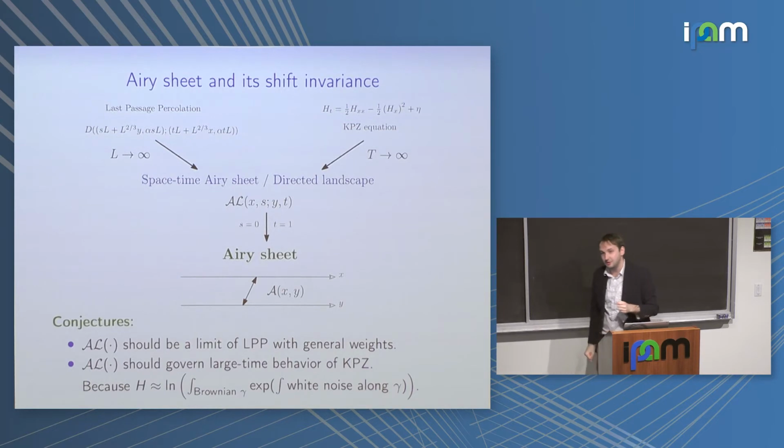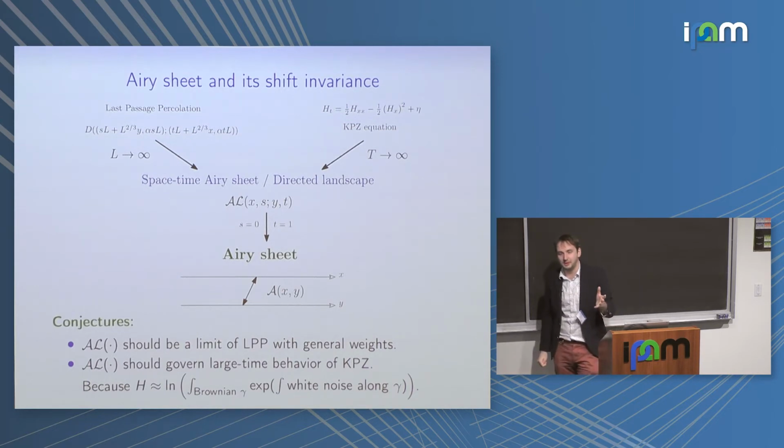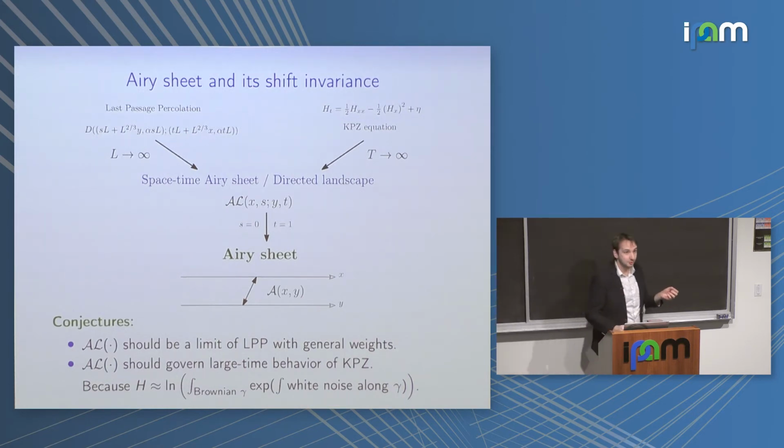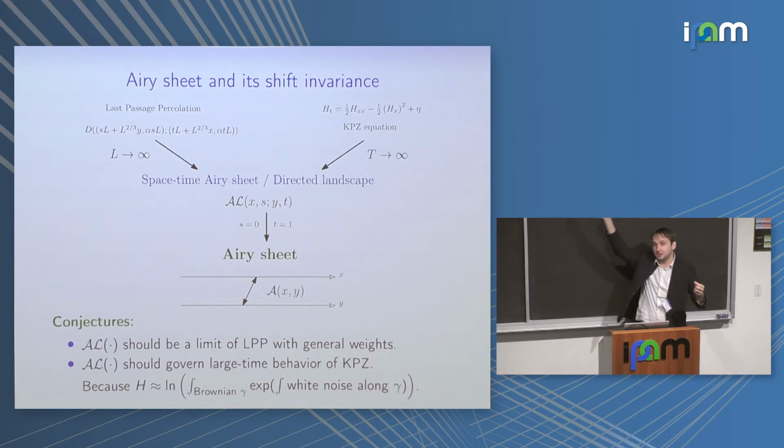Another definition, if you're more of a person who likes directed percolation, then you should think about some percolation with some weights, and you're thinking about computing the distances between two points which are very, very far away, and you're trying to say, what is the scaling limit of this object?